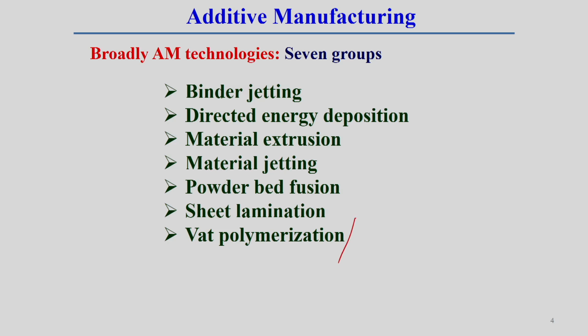In binder jetting, we normally use some liquid polymer, and that liquid polymer is cured, or hardened, by application of some kind of focused laser or ultraviolet rays.